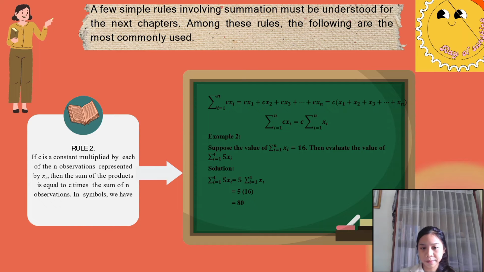The solution: we know from the formula that the sum of all 5x for a equal to 1 to n is equal to 5 times the sum of all x for a equal to 1 to n. And then I will substitute 16, so 5 times 16 is equal to 80.